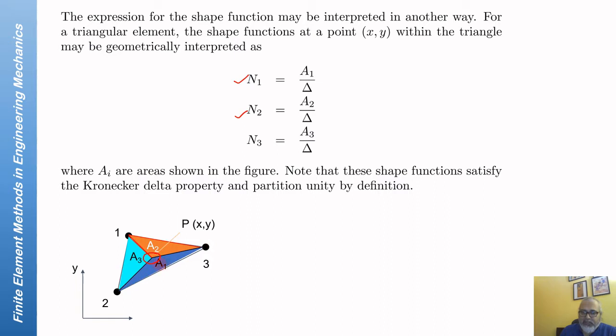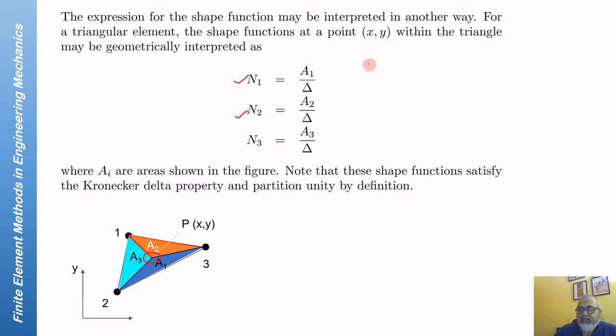When it lies on node 3, A1 becomes 0 as well. So N1 will be 0 whenever P lies on either node 2 or node 3. And when it lies on node 1, then the whole triangle is A1, and A3 and A2 become 0, and that's when N1 is equal to 1. Similarly, you can check it for N2 and N3, and you can see that they satisfy the Kronecker delta property when they are defined like this.